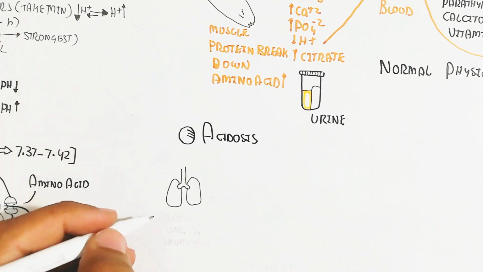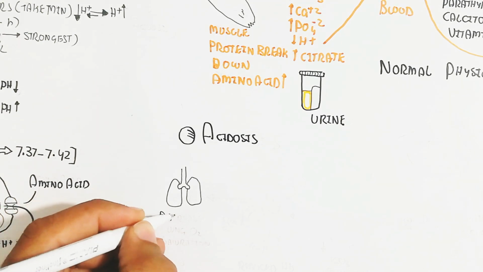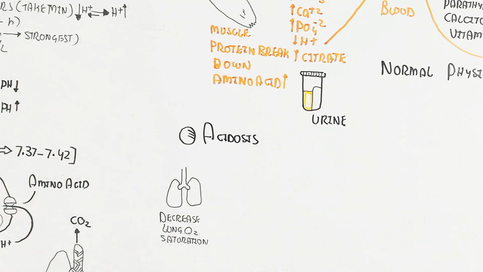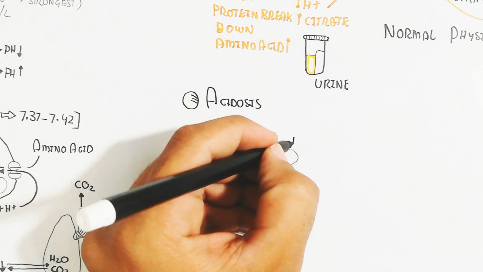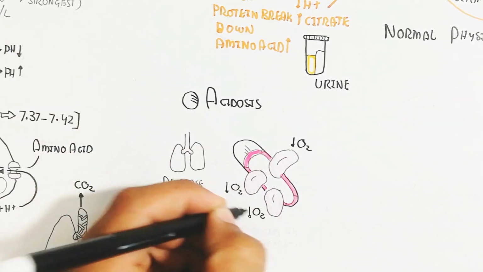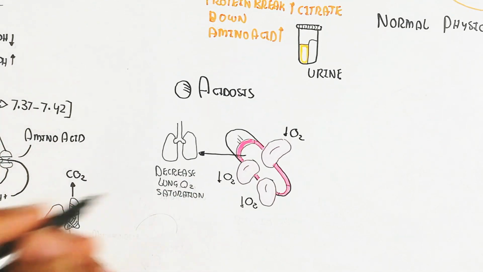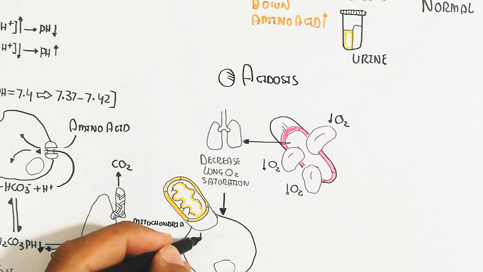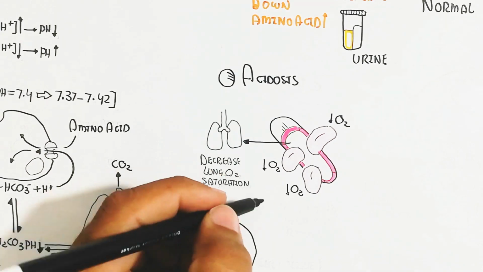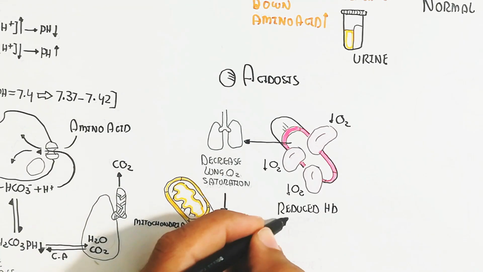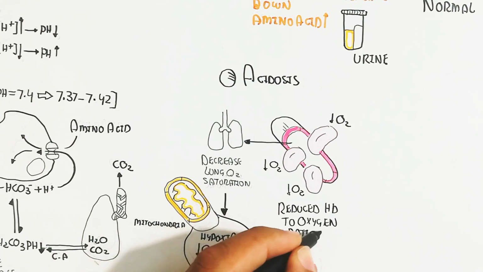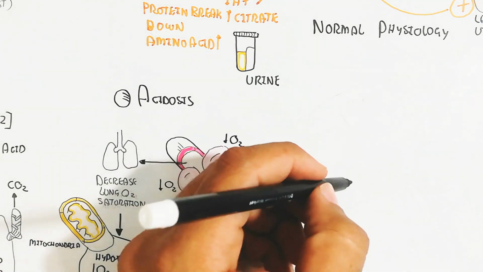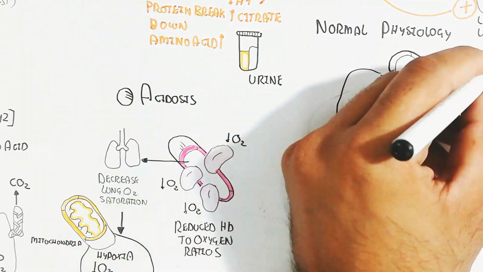Let's understand acidosis. Alkalosis occurs if the kidney does not reabsorb protons, while acidosis occurs when lung oxygen saturation decreases due to lung cancer or lung diseases. Hypoxia then occurs in the cell when oxygen decreases, leading to cell dysfunction and a reduced hemoglobin to oxygen ratio.